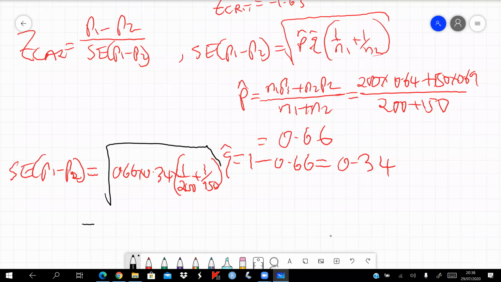If you do your math well, you get 0.051 etc. That's the standard error.